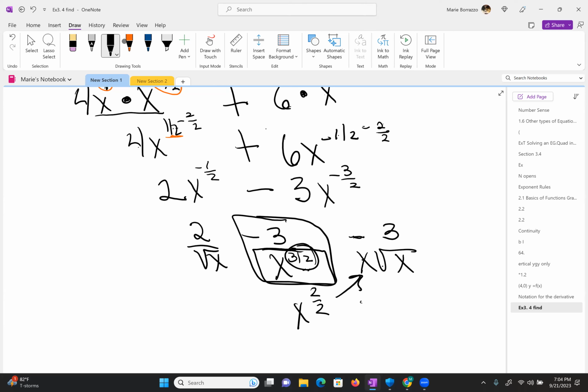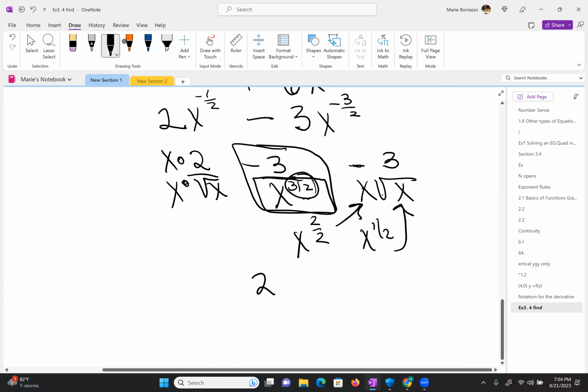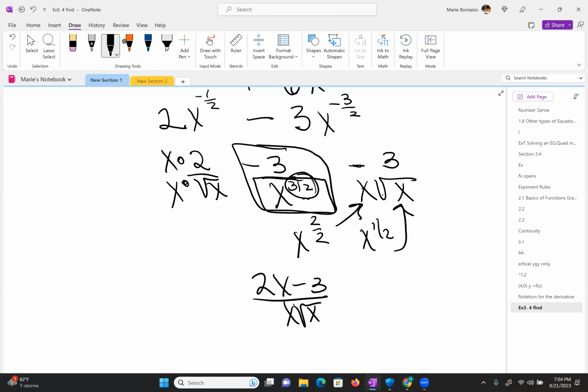I'm left with an x to the 1/2. Well, that's this square root of x. What I then need is to multiply top and bottom by x, so I have a common denominator. That's why my final answer is 2x minus 3 over x square root of x.